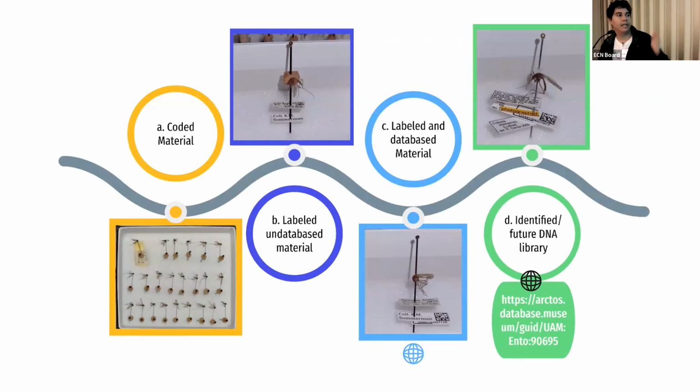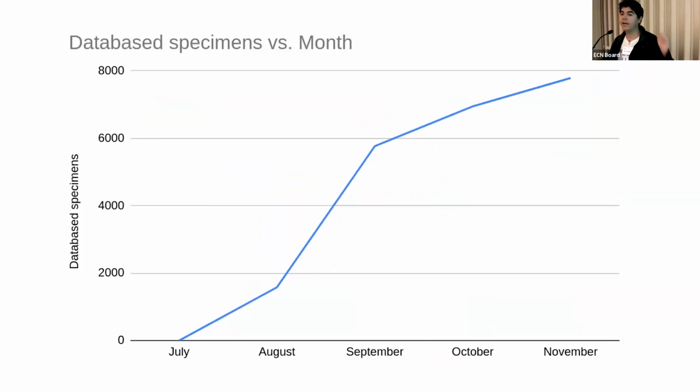By the end, we have identified, coded material in our database and can work on other things, for example increasing our DNA library. We have a really big library, and Derek will also talk about that. So far, in 4 months, we digitized almost 8,000 specimens, as you can see here, with only 2 technicians working on this project.